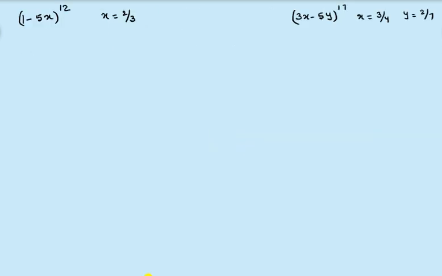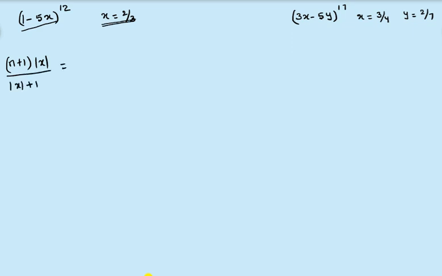Now in this expansion (1 − 5x)^12, we have to find the numerically greatest term when x is equal to 2/3. Come on, find the value of (n + 1)|x| divided by (|x| + 1).